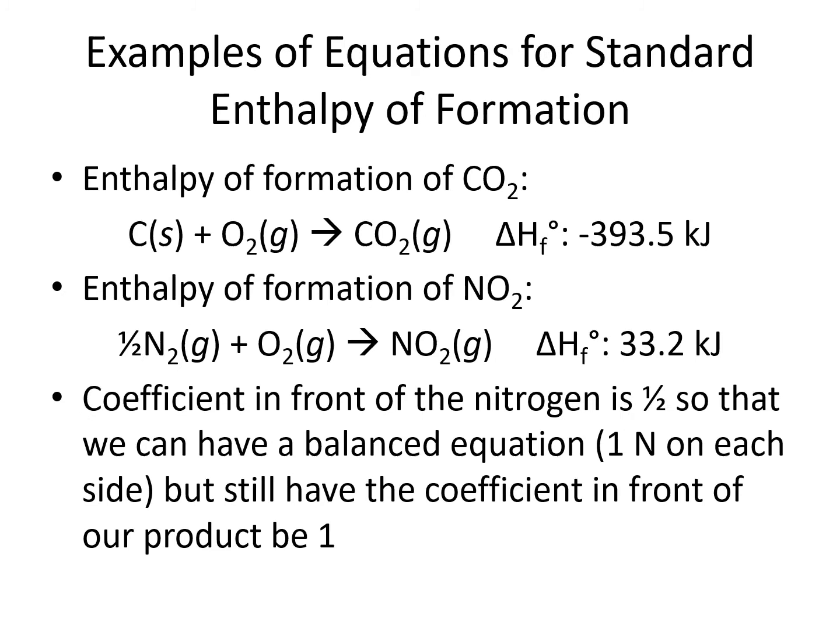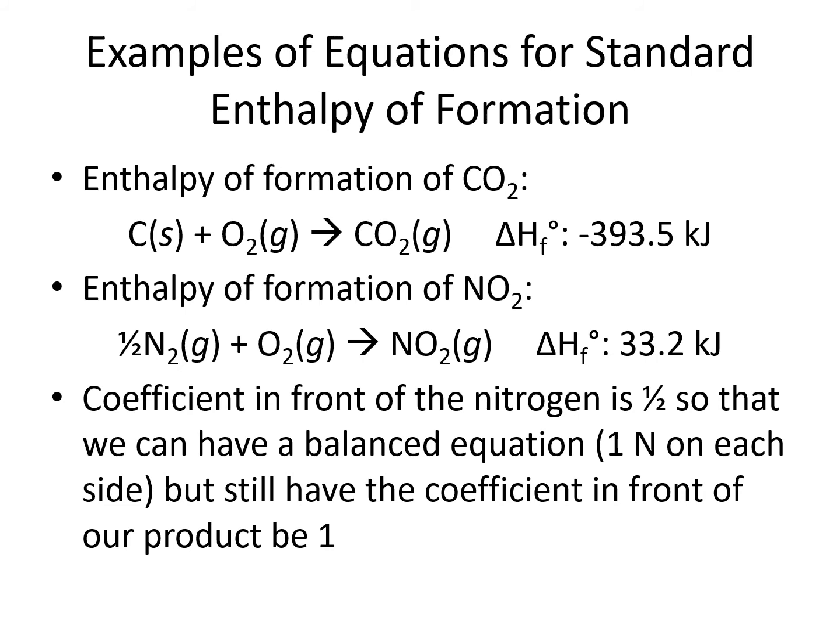So here are some examples of equations for standard enthalpy of formation. Let's say we wanted to find the enthalpy of formation of CO2. In that equation, we have CO2 as our single product on the right-hand side, and it has a coefficient of 1. On the left-hand side, we have the elements that are needed to make up CO2. We've got carbon and we have oxygen, and they're in their standard forms.